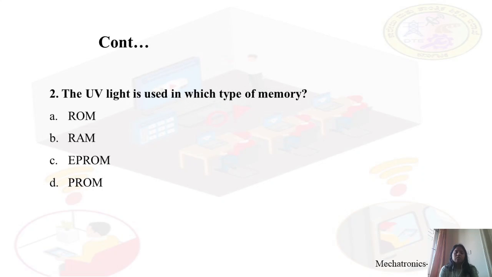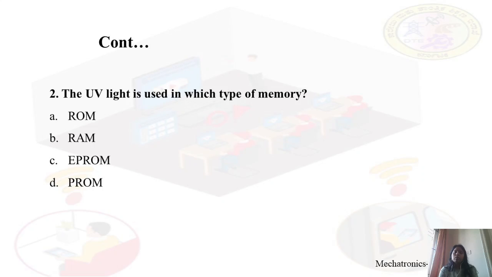Next, second question. The UV light is used in which type of memory? UV light, that is ultraviolet light. A. ROM, B. RAM, C. EEPROM, D. PROM. See, we are using the UV light for erasing the data. In which memory are we using it?